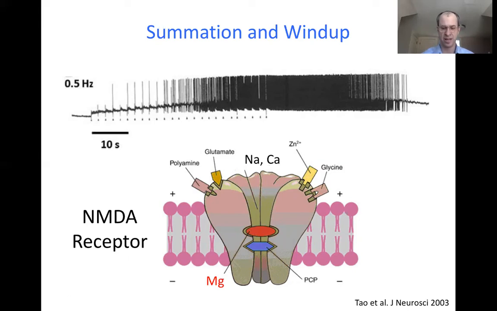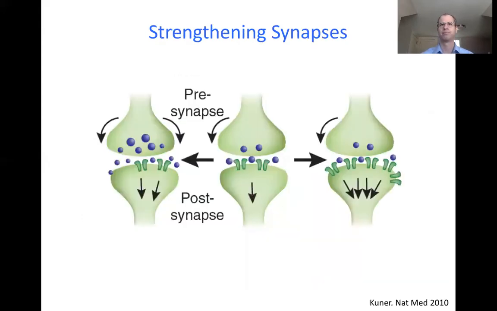The entry of calcium in particular is what drives the transcriptional changes that alter neuronal plasticity in a way that promotes the pain process and pain signaling.